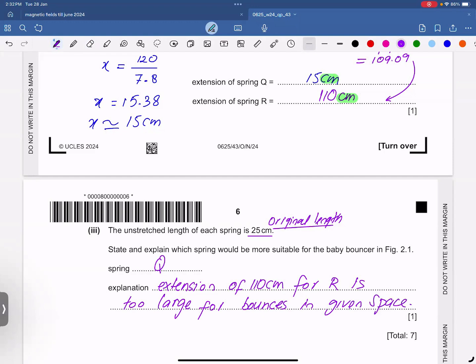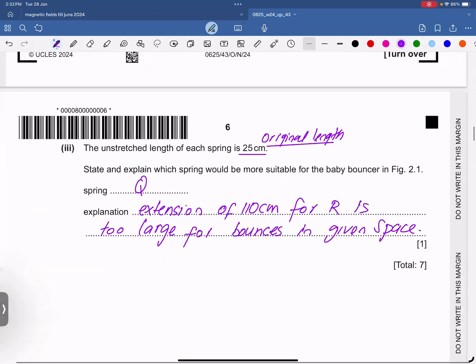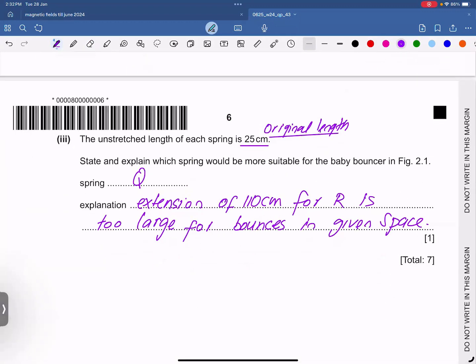Baby may fall, or baby may collapse. Dangerous. So it is dangerous for the baby, unsafe for baby. So any point could be written. It's a very interesting question. If you have a question, you can ask me.